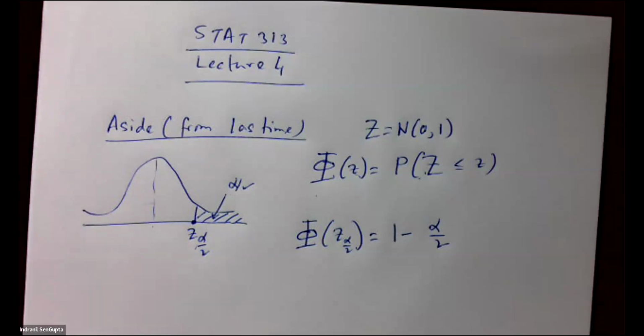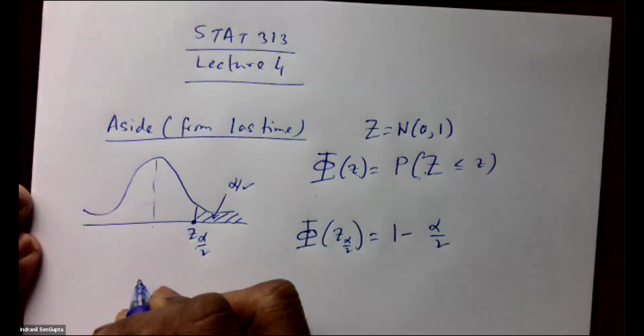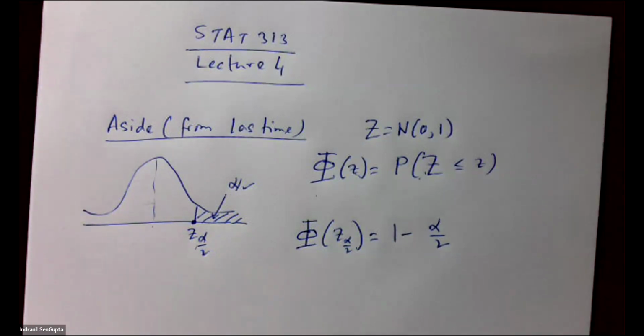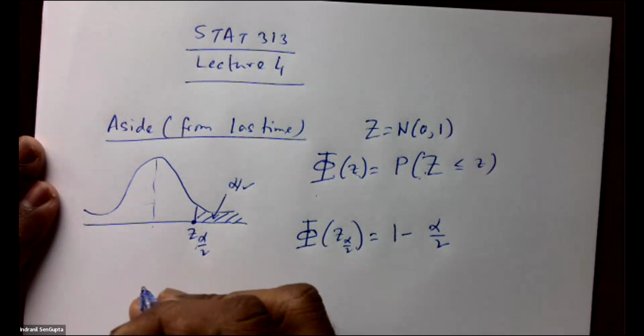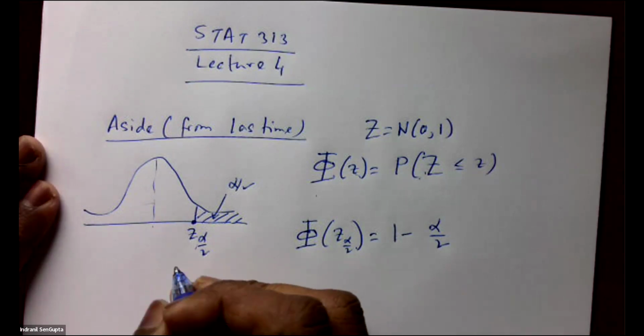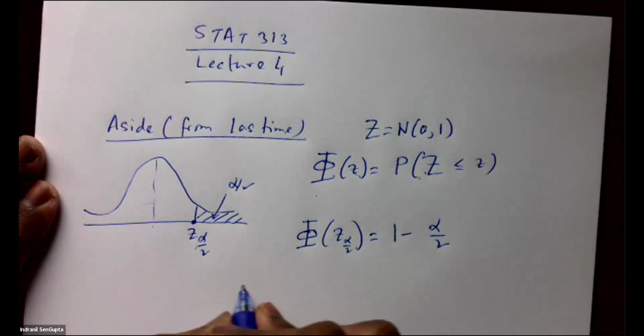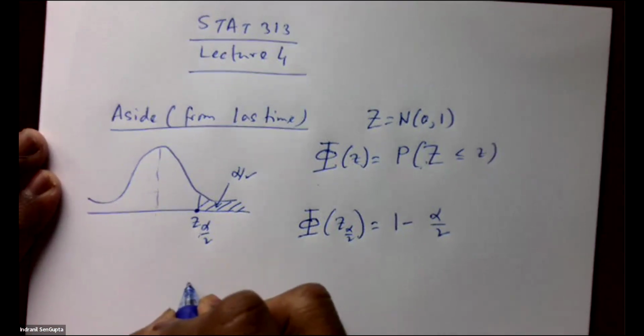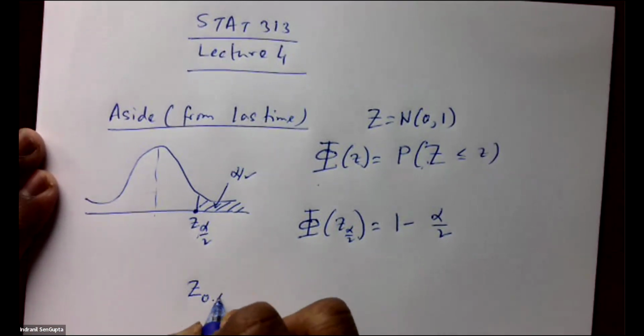For instance, here is an example from the last class. We wanted to find Z of 0.05.